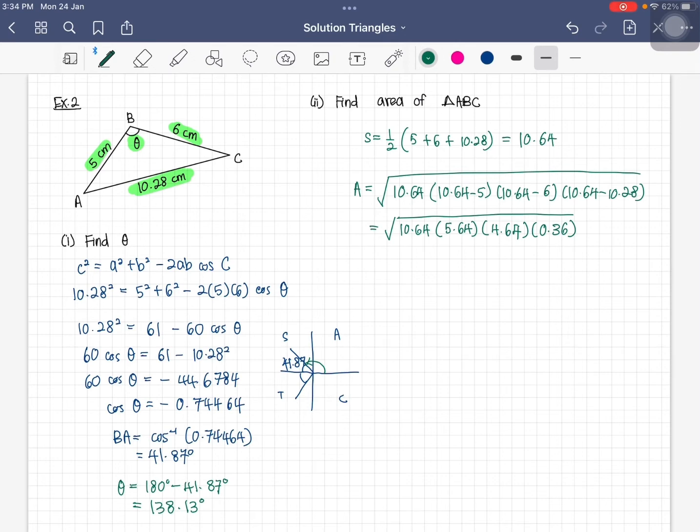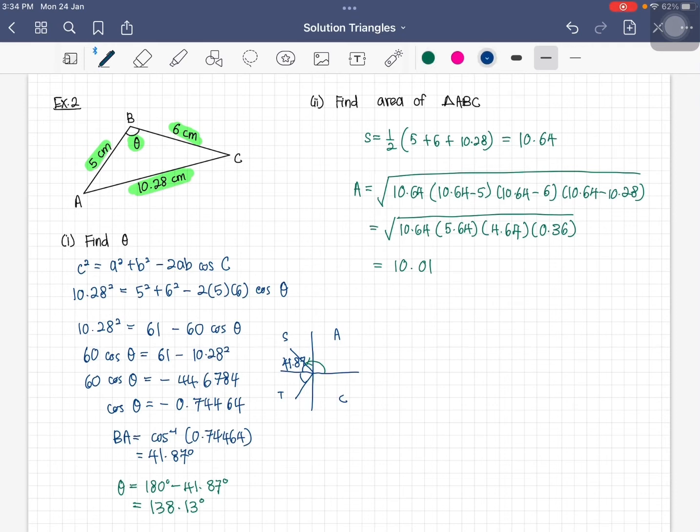5.64, 4.64 and 0.36. I've got that one as 100 point something, so I can directly find the square root. So this is given by 10.01. If you use your half ab sine C, I've got half times 5 multiplied with 6 multiplied with sine of 138.13, and yes, I've got 10.01.